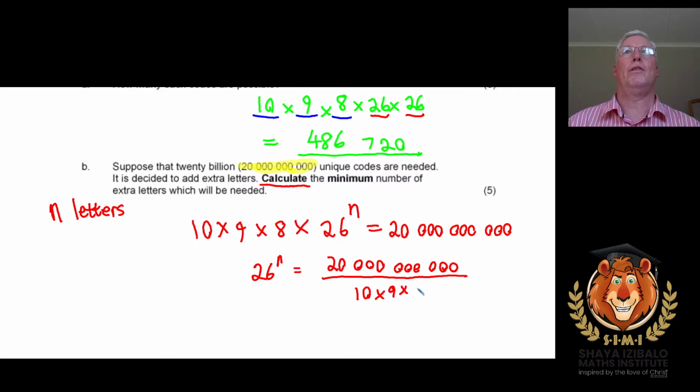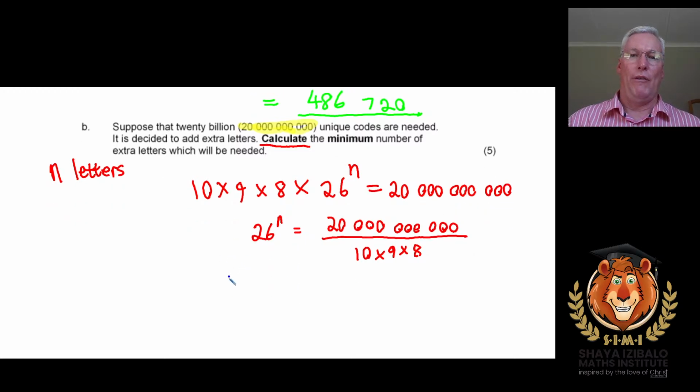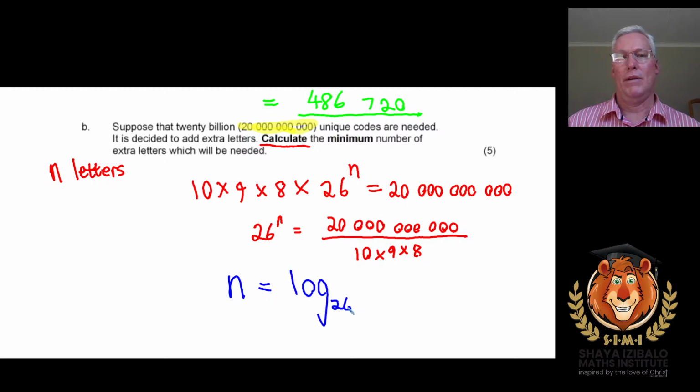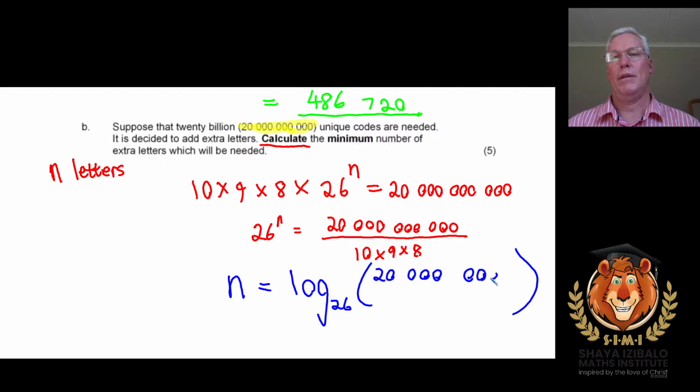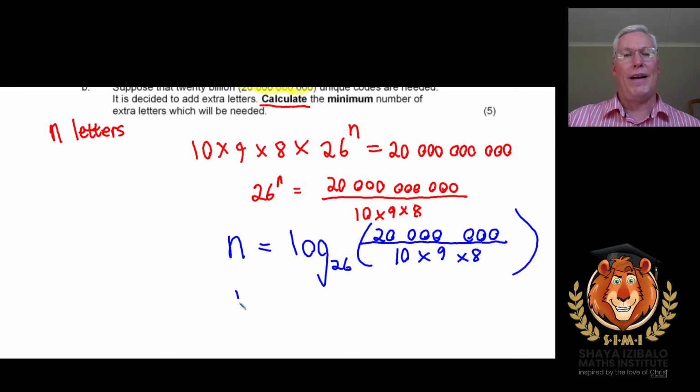Now I want to get that exponent on its own, and I'm going to use log. So n is going to be log, and the base is always the base of this stuff, of 20 billion over 10 times 9 times 8. And I get 5.3.